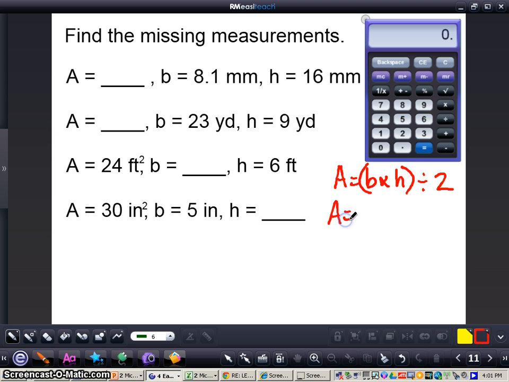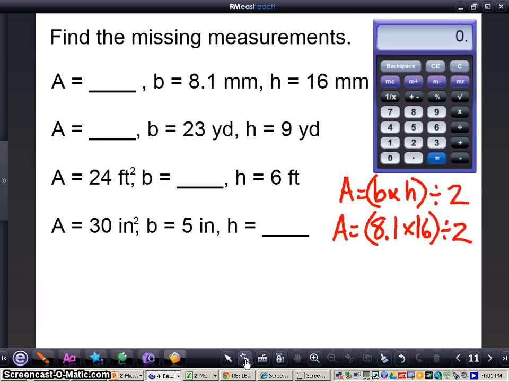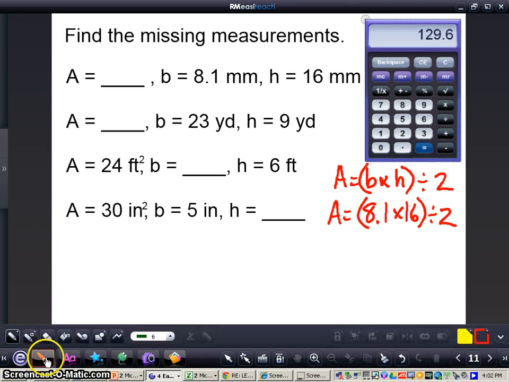Area equals the base, which is 8 1/10, times 16, divided by 2, and I will just do 8.1 times 16. It gives me 129 6/10.